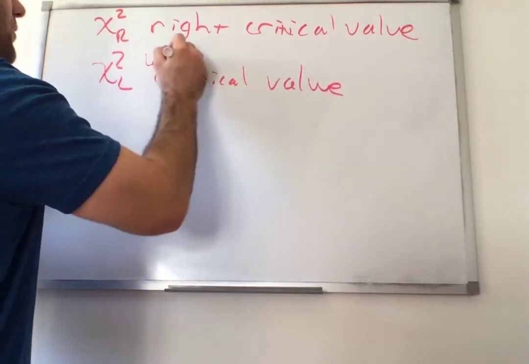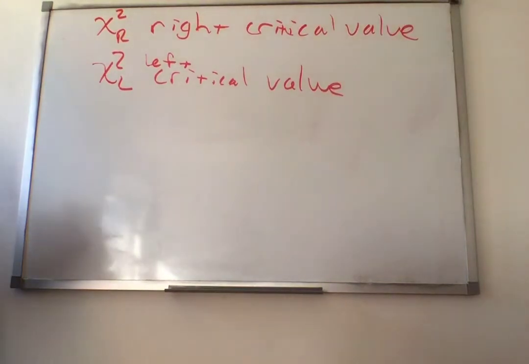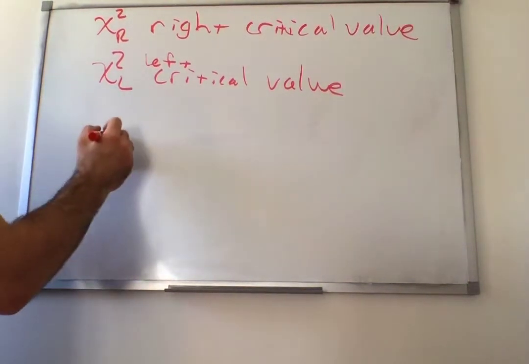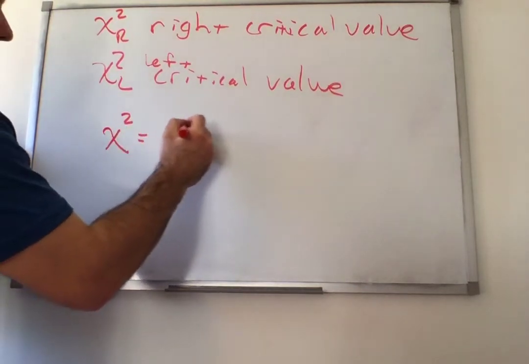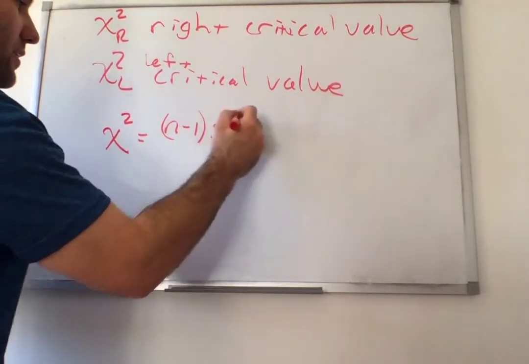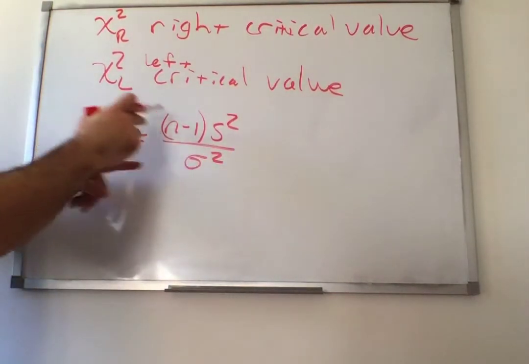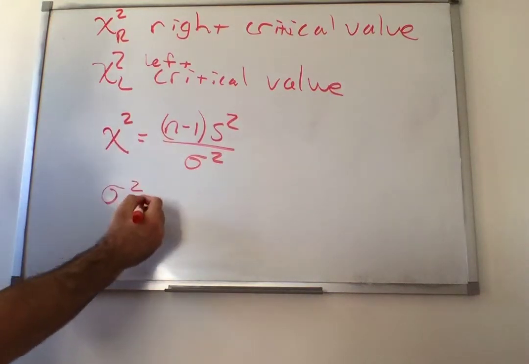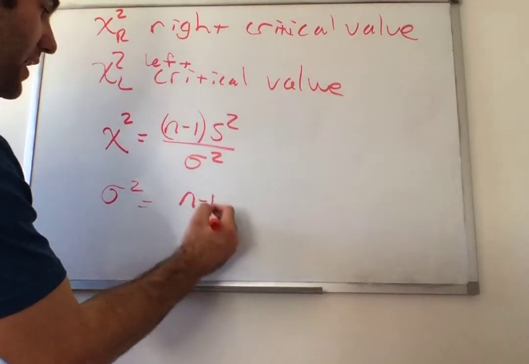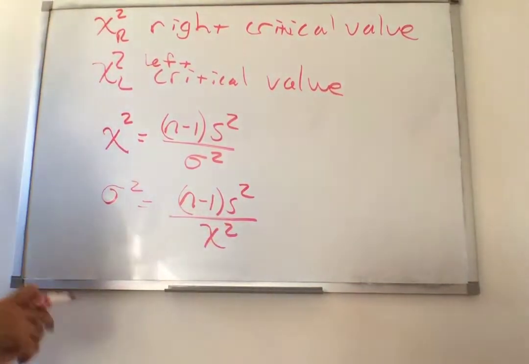Oh, I forgot the word left. Left critical value. So we want an estimate for the standard deviation. Chi-squared is equal to n minus 1 times s squared divided by sigma squared. If you were just to interchange these values right here, you get sigma squared is equal to n minus 1 times s squared divided by chi-squared.